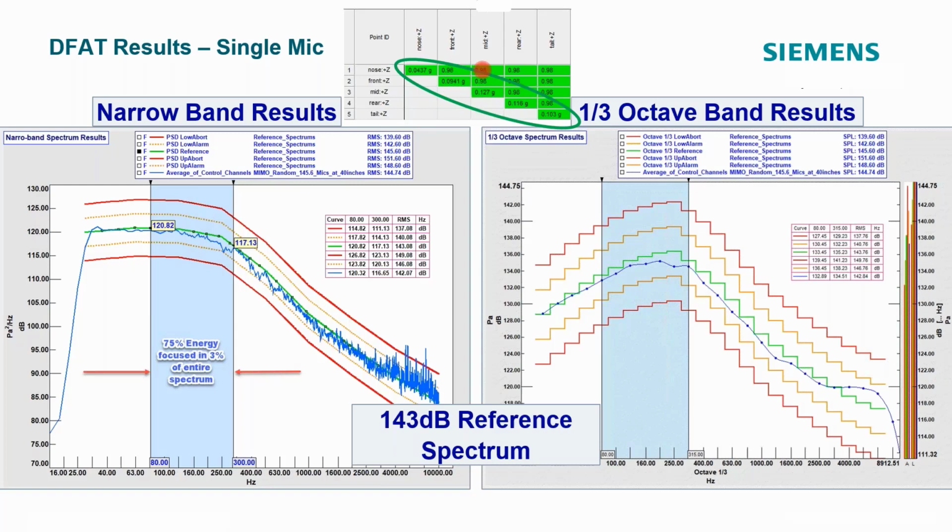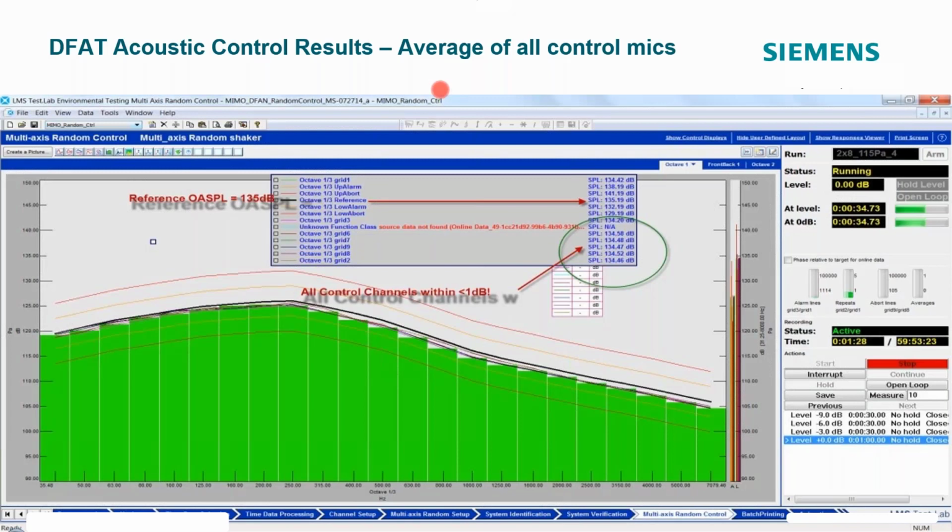We also have off-diagonal terms, so for each of these control mics, there are going to be some CSDs in the off axis. So this is, again, the so-called spectral density matrix that is our target matrix for this application. This is the results shown for all of the control channels, which are averaged. So you can see very good uniformity and very good results here, very good control.